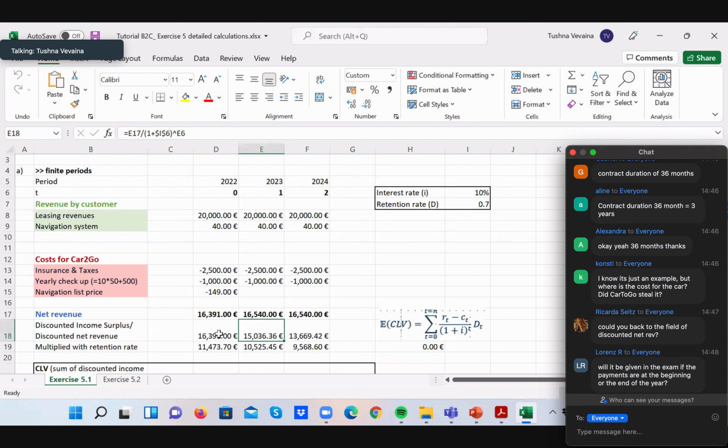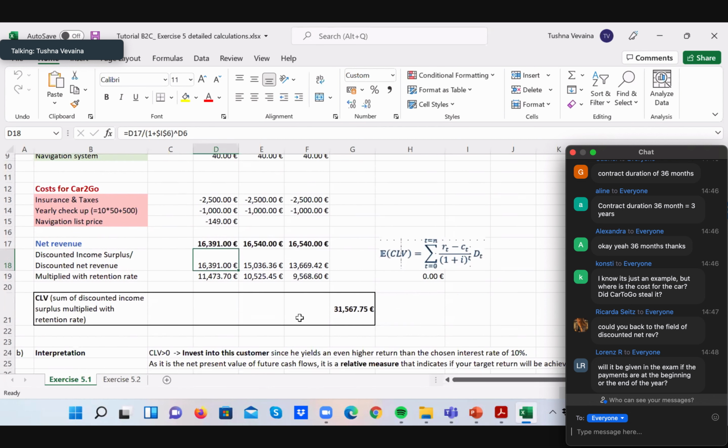But going back to discounted surplus or discounted revenue, I used the formula for this part without multiplying it by D, where I took R minus C, and I got this, and I divided it by the discounting factor.